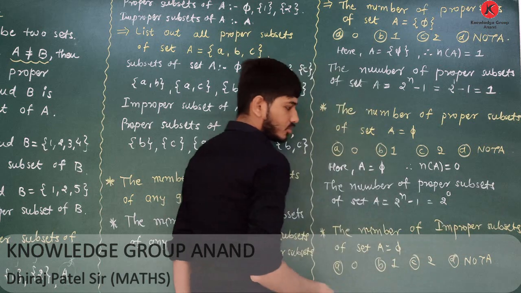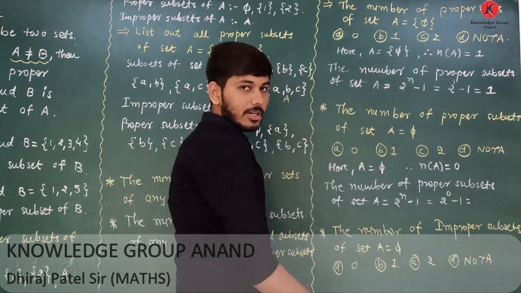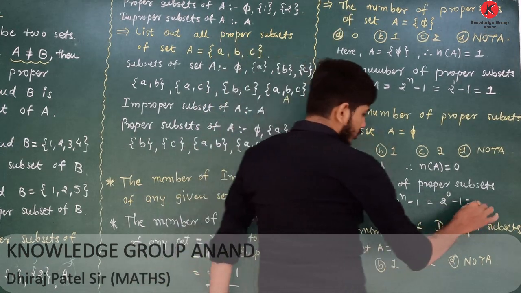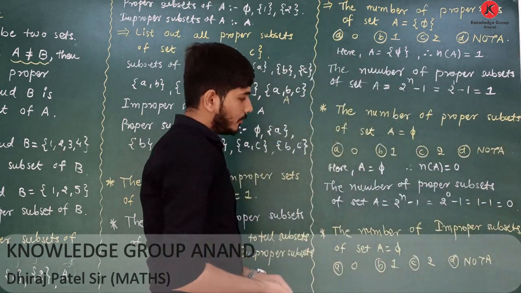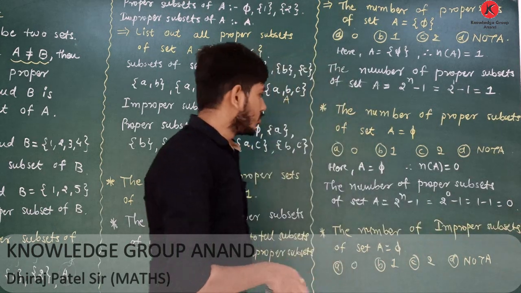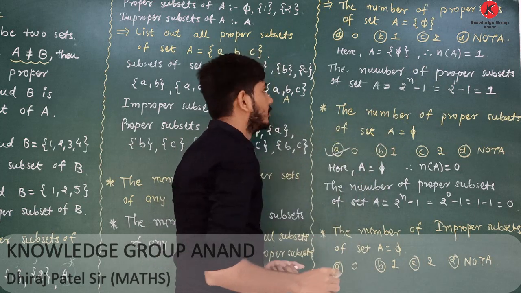Put n equal to 0 here: 2 raised to 0, minus 1. We know that the power 0 of any non-zero number is equal to 1. That means 1 minus 1, which is equal to 0. Here the number of proper subsets is 0. Therefore, the answer is 0, option A.